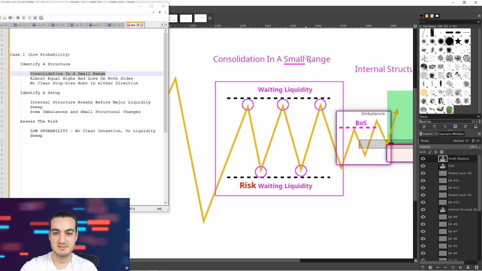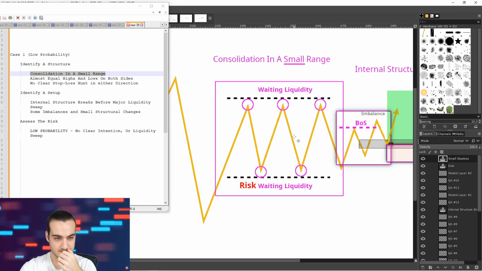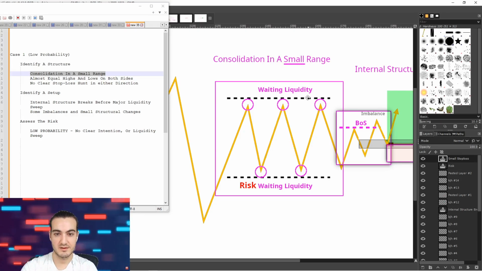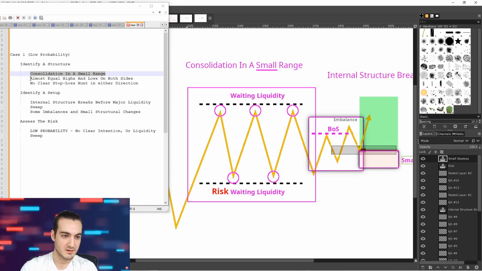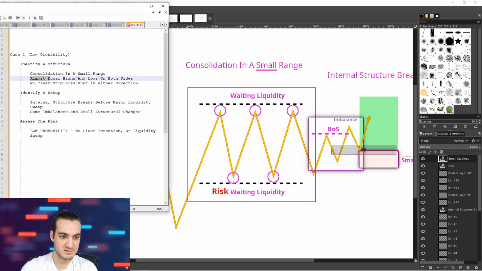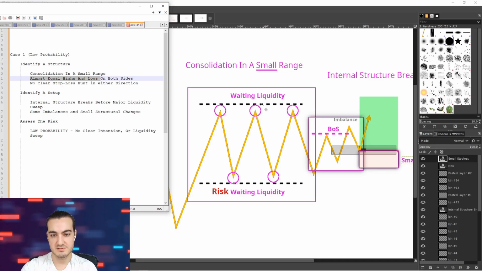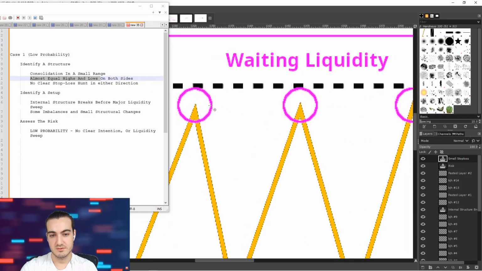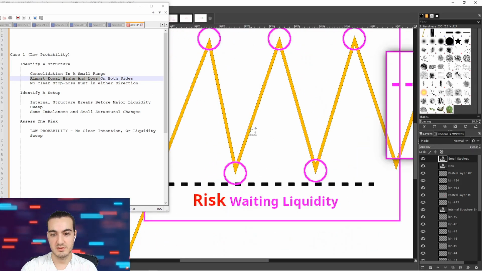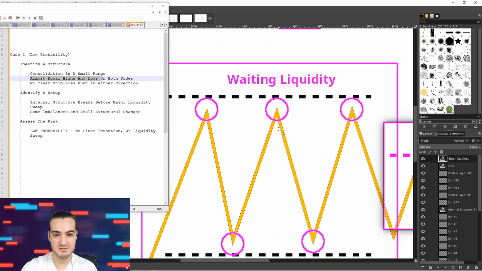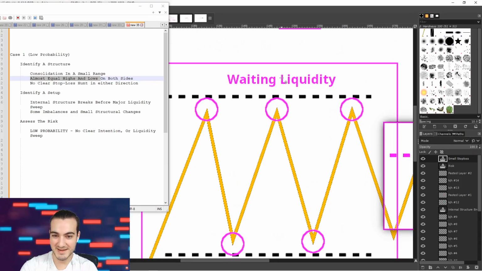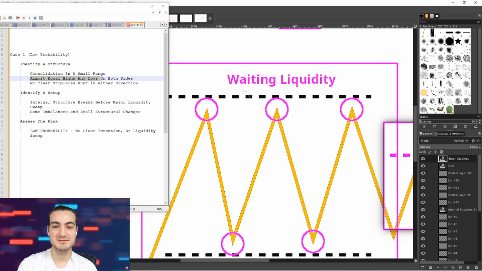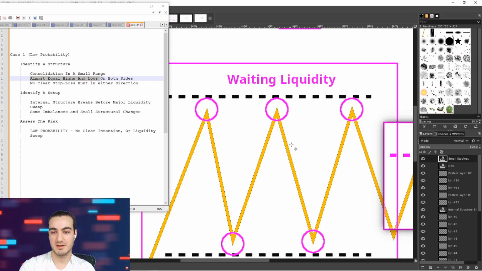All that matters is it's a small range. So there's risk right there. That's one risk factor. What else can I say about the structure? Almost equal highs and lows on both sides. So we have these equal highs and these equal lows. It's a small range. And what these equal highs and lows represent is waiting liquidity.